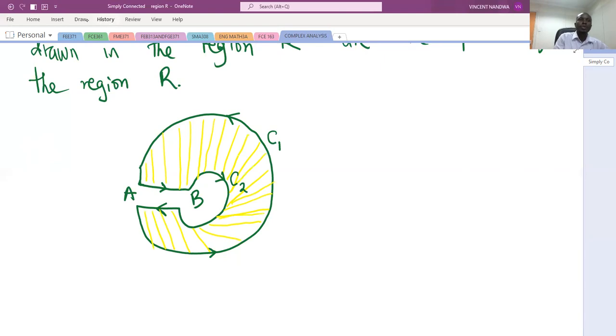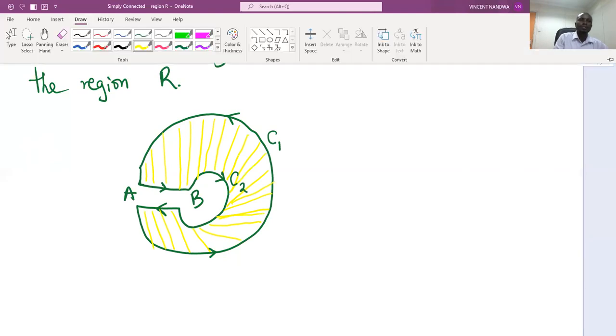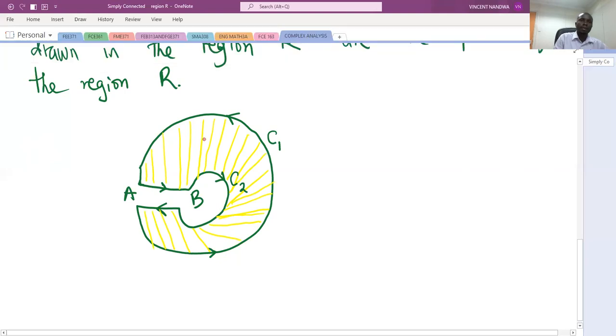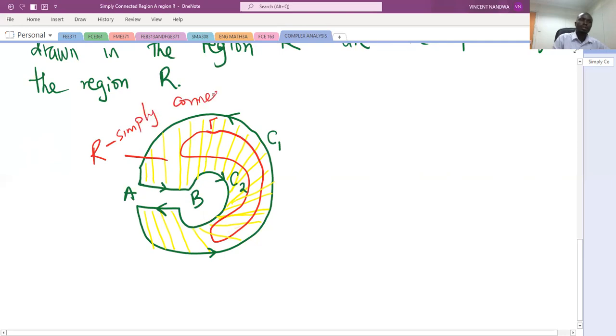You see, if you draw any curve gamma within this region, then you can shrink this simple closed curve to a point within the region R without leaving the region. So this is a simply connected region.